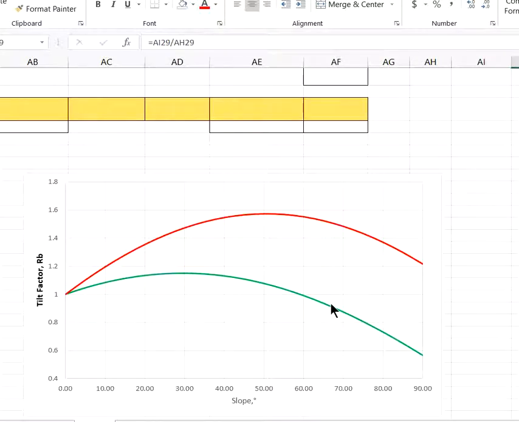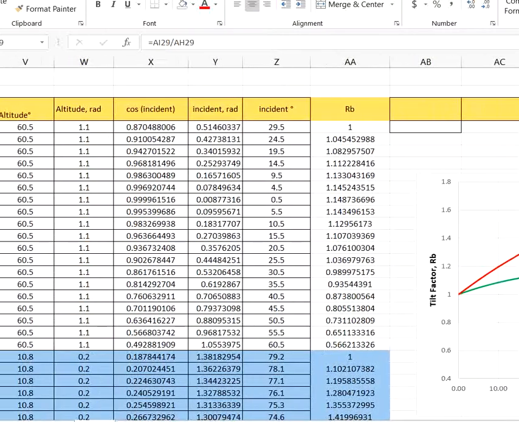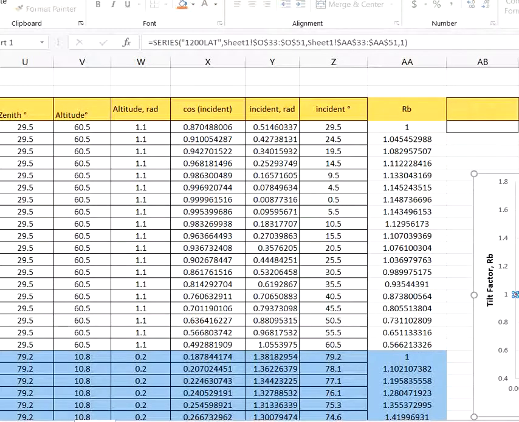Now, are we getting any maximum value at 12 o'clock? Here are the values of RB. If we see here, we obtain 1.04, 1.11, 1.13, 1.14, 1.143. So 1.148 is the maximum value.